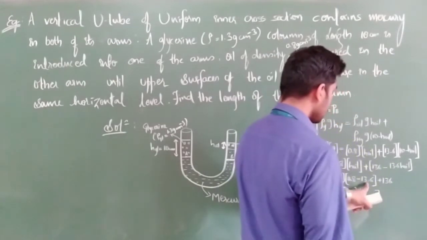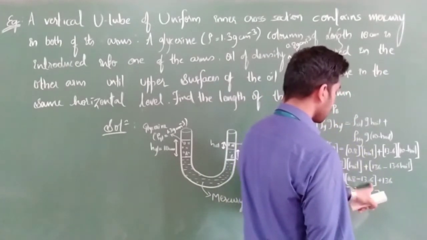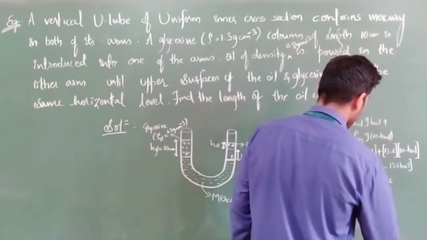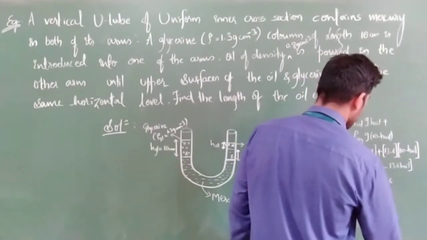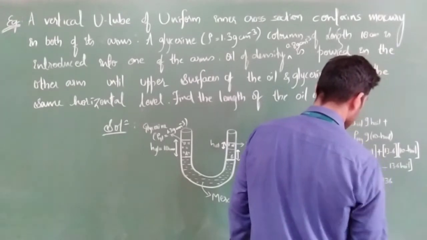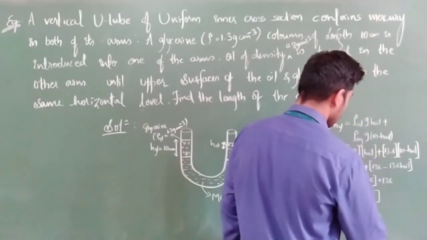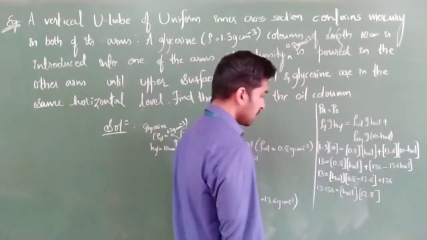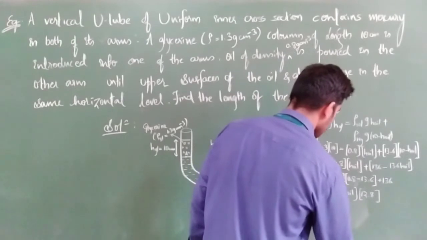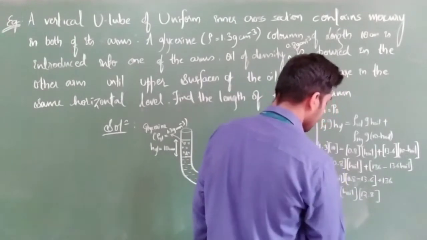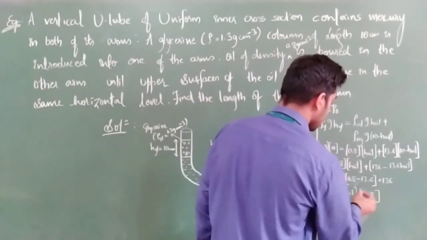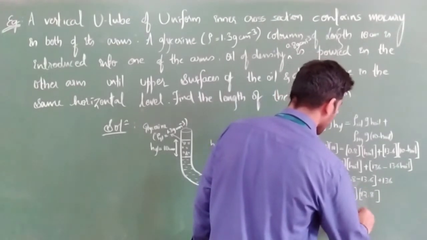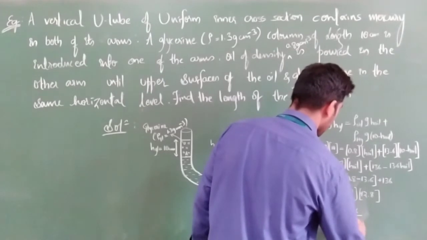So 0.8 minus 13.6, cross-check how much you are going to get. I hope 12.8, correct? So finally, H oil is nothing but how much? Here you will get minus, this is also minus, so minus minus will get cancelled. 13 minus 136 whole divided by 12.8.